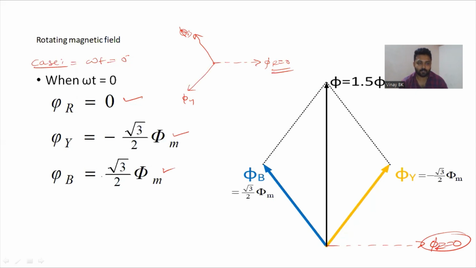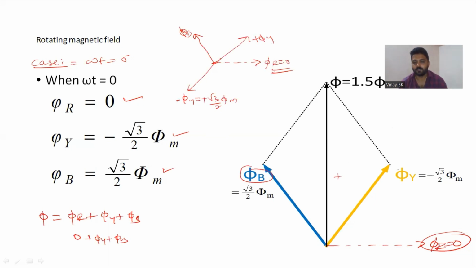But for phi Y and phi B, the total resultant flux phi is given by phi R plus phi Y plus phi B, which is 0 plus phi Y plus phi B. Phi Y is minus root 3 by 2 times phi M, so it is minus phi Y. To get plus phi Y, you need to draw it in antiphase with this minus phi Y. You can get plus phi Y like this.